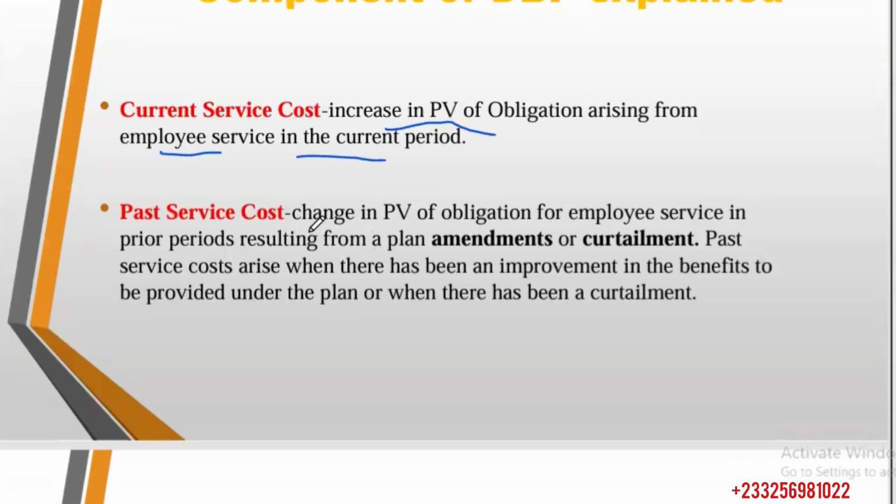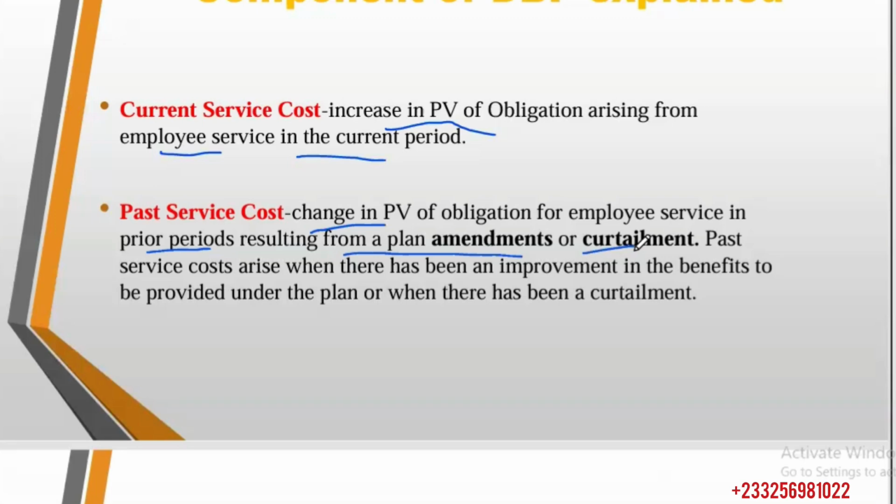The past service cost is the change in the present value of obligation for employee service in the prior periods resulting from plan amendment or curtailment. So as the name implies, the current service cost is the increase in the liability, the increase in the PV of the obligation for the entity as employees work more in the current year.